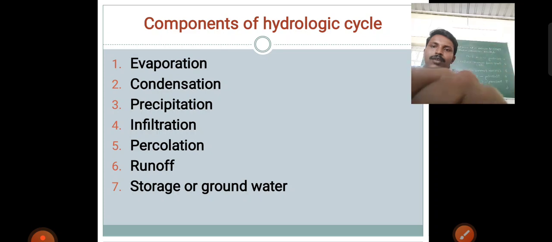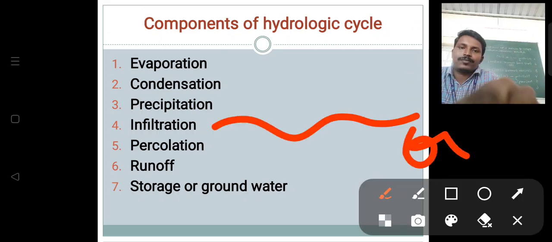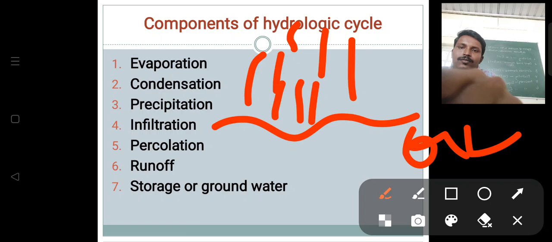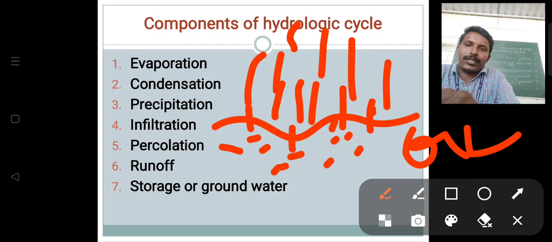The water falls from the atmosphere to the earth's surface, and the top surface of the soil particles absorbs the rain, the precipitation water.